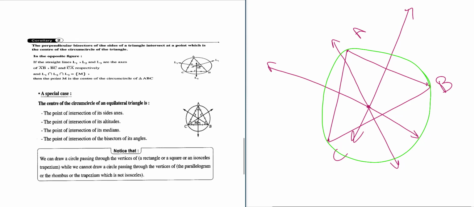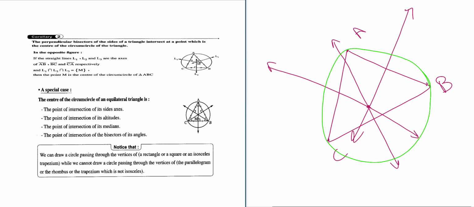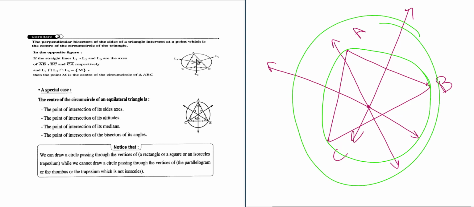But how can we draw a circle passing through the vertices of a triangle? By drawing the 3 axes of its 3 sides, like this case here. We can draw the 3 axes of the 3 sides, and all of them intersect in one point. This point is called the center of the circumcircle of this triangle.